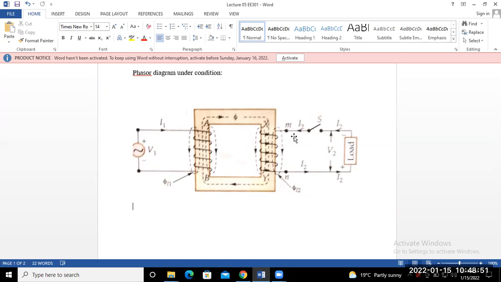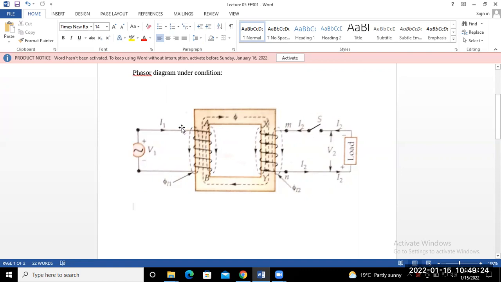The basic difference between no load and load condition of the transformer is simple. When any load is connected through the secondary coil, the transformer is at the loaded condition. When no load is connected through the secondary coil, the transformer is at the no load condition. So when the switch is open, the transformer is at no load, and when you close the switch, the transformer is at the loaded condition.